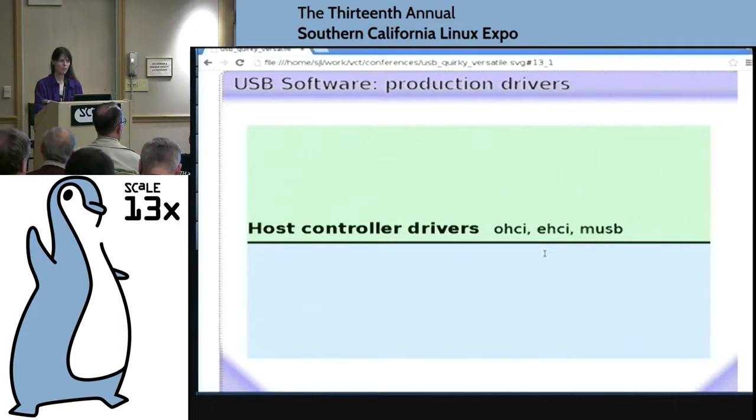for Mentor, because it's one of those IP cores that Mentor Graphics once upon a time designed, and they've licensed out to a whole bunch of different SoC chip makers. There's been a lot of forking going on, so you can't necessarily depend on the things that work with one MUSB to work on the other.